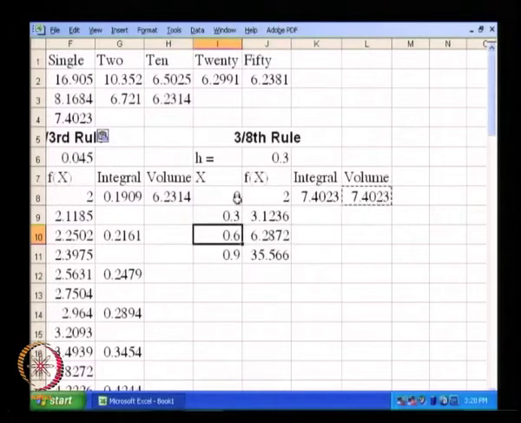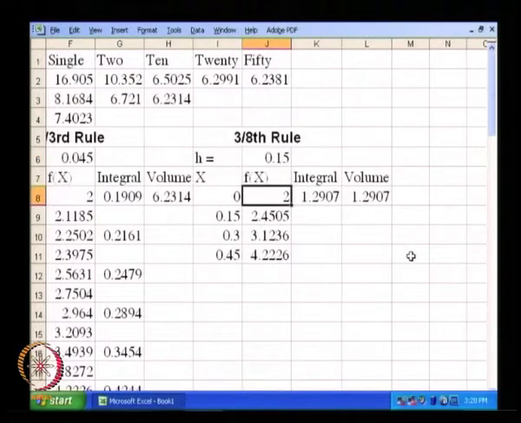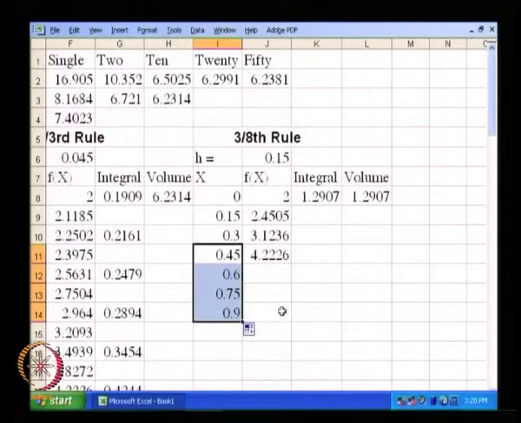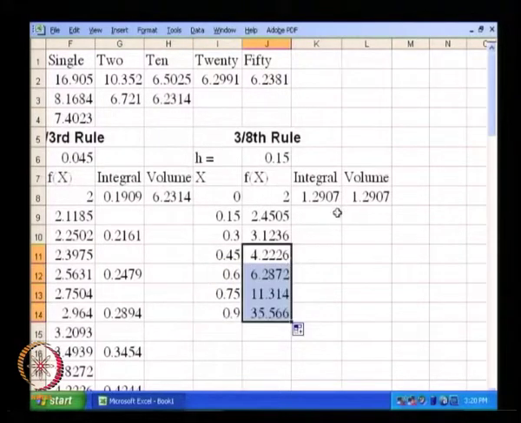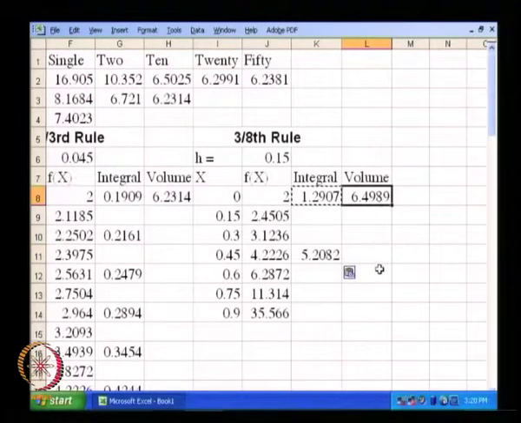Okay. And now we do two applications of the Simpson's 3/8 rule. This will lead us to the volume equal to almost 6.5.